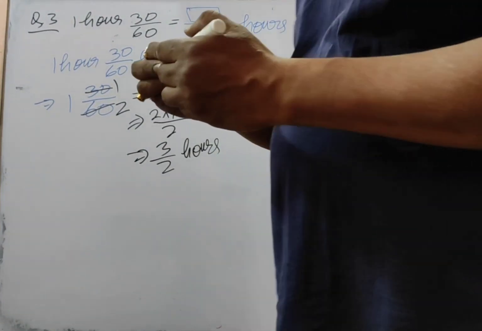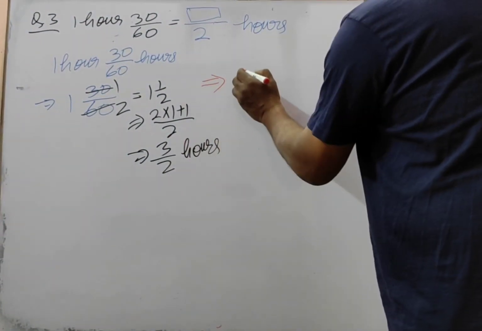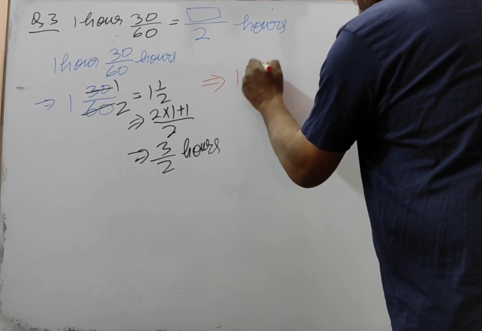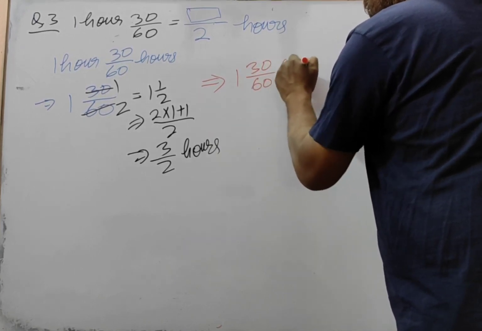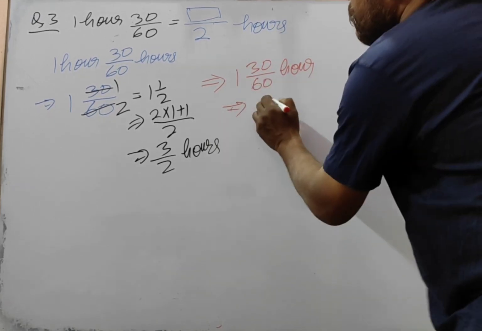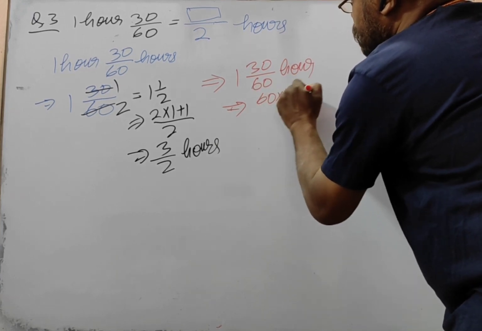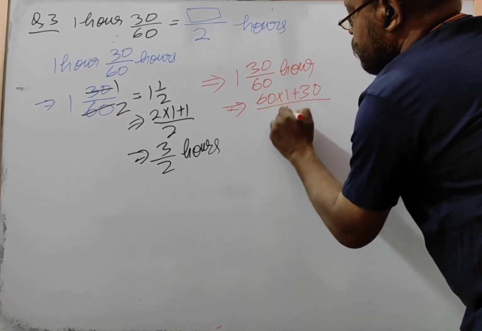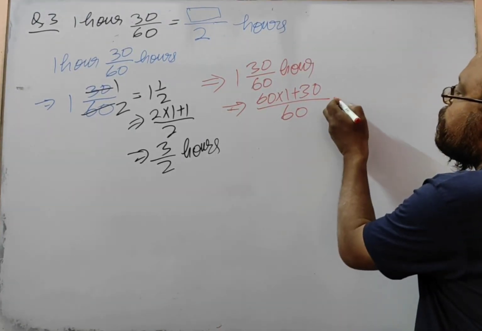Another way you can do, 1 whole 30 upon 60 hours. So we can write it like this: 60 into 1 plus 30 upon 60, right? Hours.